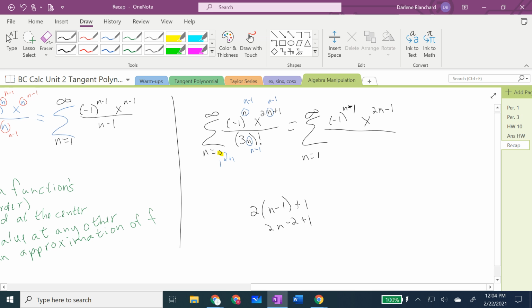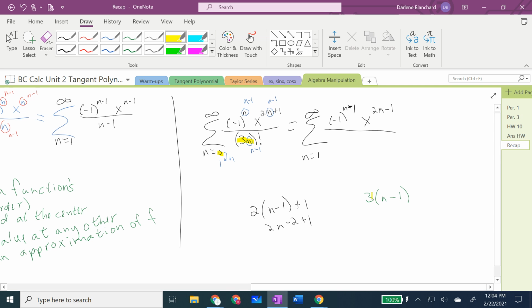And then underneath here, I'm replacing the, I just did the wrong thing. One second. I'm substituting n minus 1. There we go.